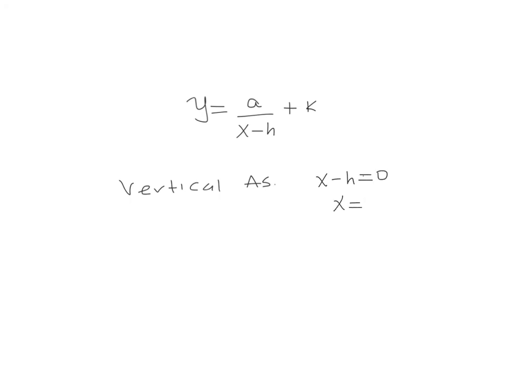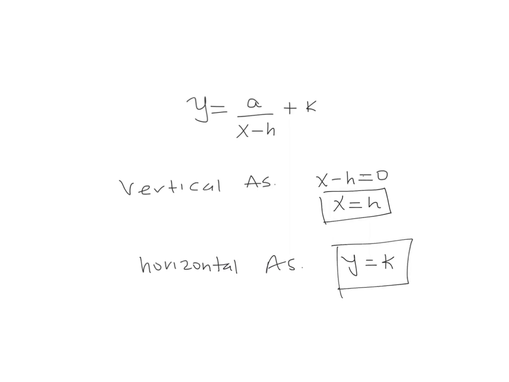So I get x equals h. You always have to write it as an equation. And the horizontal asymptote is simply given by y equals the k value, whatever the k value is. Again, the horizontal asymptote and vertical asymptote, we always write them as equations.